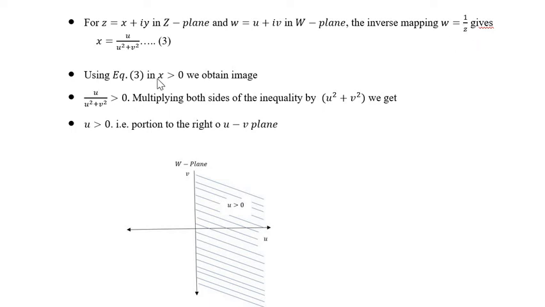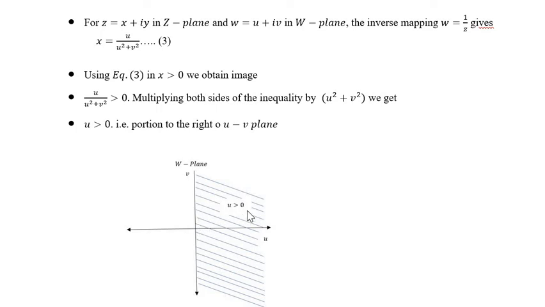Using equation 3, in x greater than 0, we obtain its image u upon u square plus v square greater than 0. Multiplying both sides of the inequality by u square plus v square, we get u greater than 0, that is the portion to the right of the uv plane as shown in the figure.